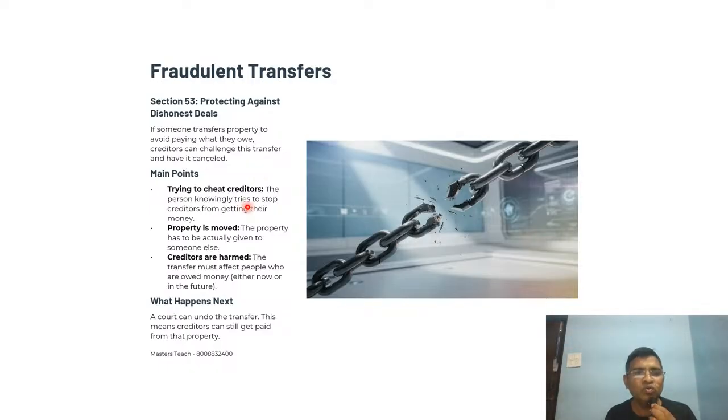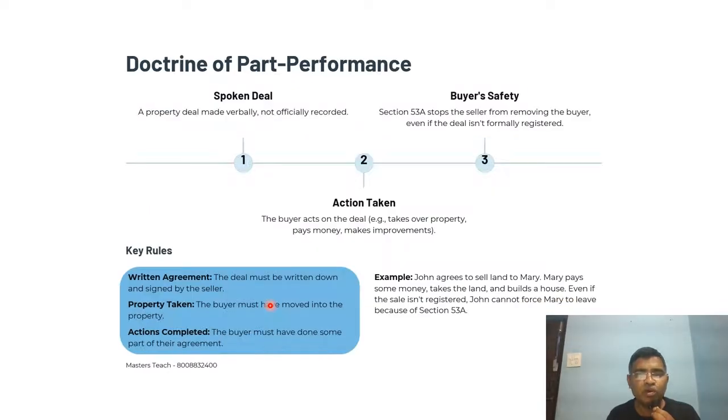The person knowingly tries to stop creditors from getting their money, so property is moved. The property has to be actually given up to someone. Creditors harmed: the transfer must affect the people who are owed money, either now or in the future. What happened? The court can undo the transfer. This means creditors can still get paid from the property.